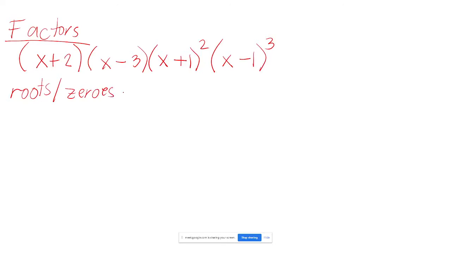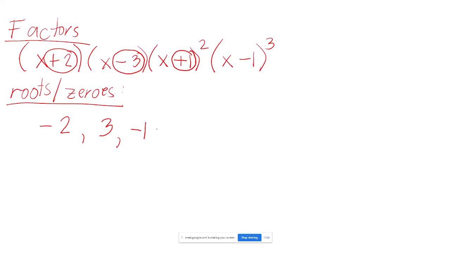It's simply ing ani. Unsa may opposite ni positive 2? Negative 2. Unsa may opposite ni negative 3? Positive 3. Unsa may opposite ni positive 1? Negative 1. Then, naa may exponent, butangan. Negative 1, multiplicity 2.